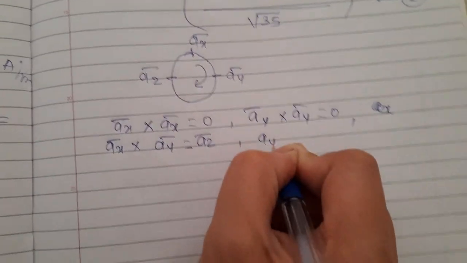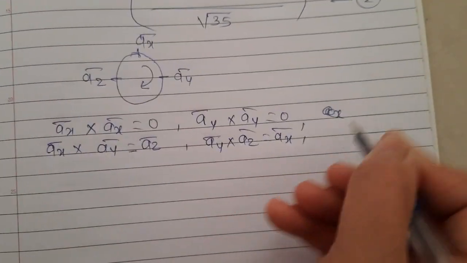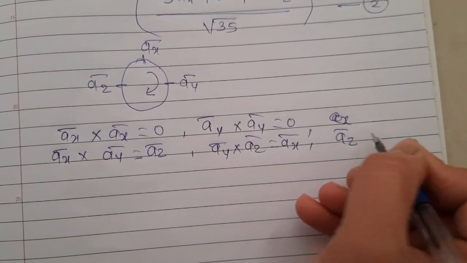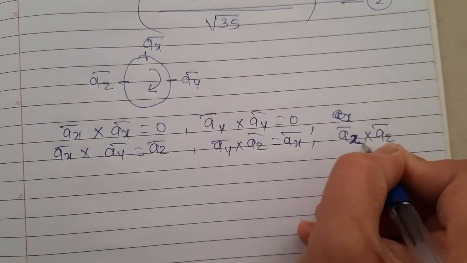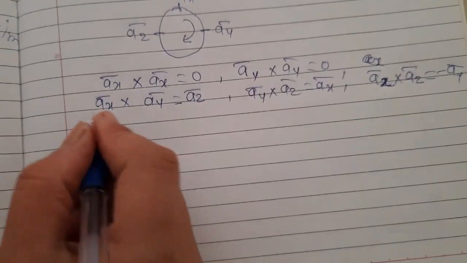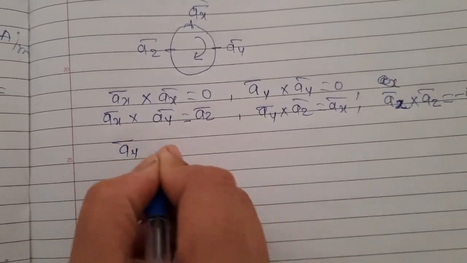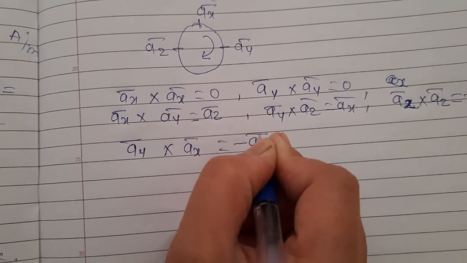Next, ay bar cross az bar is ax bar, and az bar cross ax bar is equal to ay bar, and ay bar cross ax bar is minus az bar.